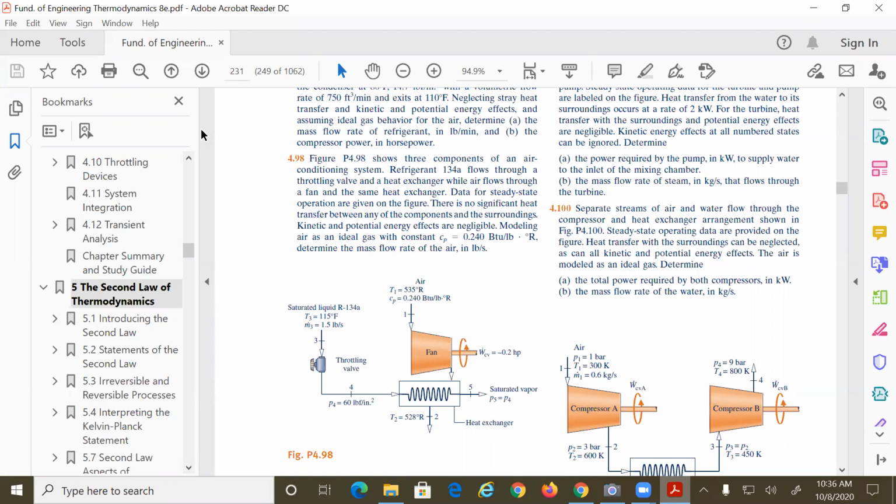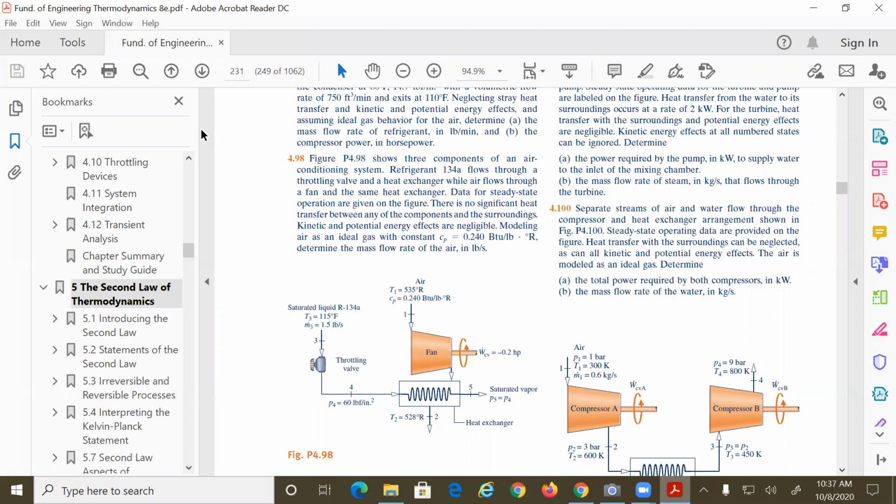On top of that, there is a fan. I don't know why they drew it with the shape of a turbine, but it's fine. I'm guessing that the minus 0.2 means that a fan obviously requires power to function, no? And that power is equal to 0.2 horsepower. Inside this stuff here, there is air.